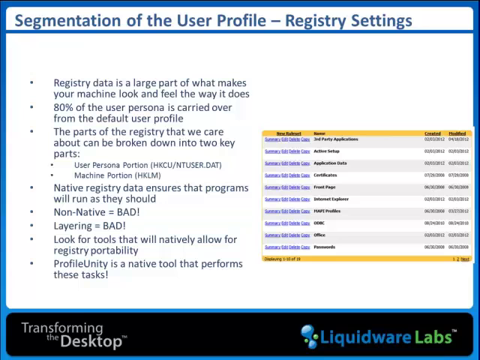And this is actually going to be doubly so for layering because layering is also not native. This means that any application that is not compatible with this method is going to break. So by keeping things native, we're ensuring that the most amount of applications are going to be compatible with this method. The idea to remember is to look for tools that will natively allow for registry portability. And as it happens, Profile Unity is a native tool that performs these tasks.